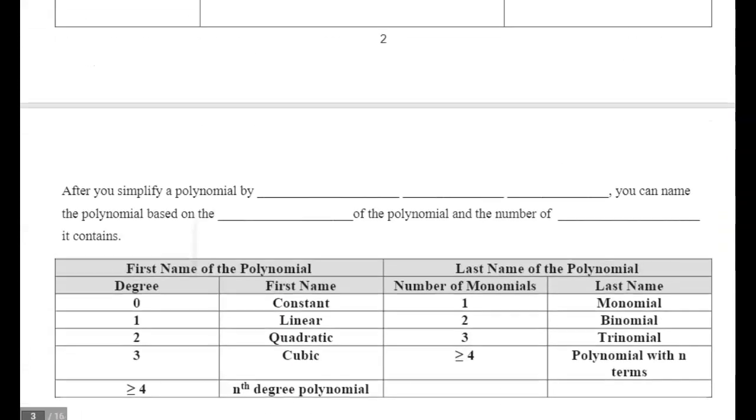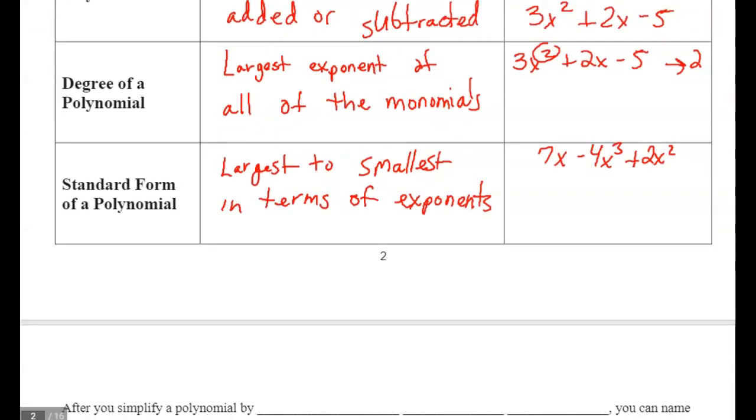Okay. The 4x cubed is first because it has a degree of 3. Then the x squared. And then we end here with our 7x, and it's positive, even though there's not a plus there.